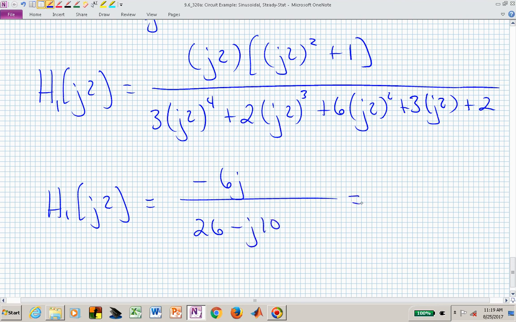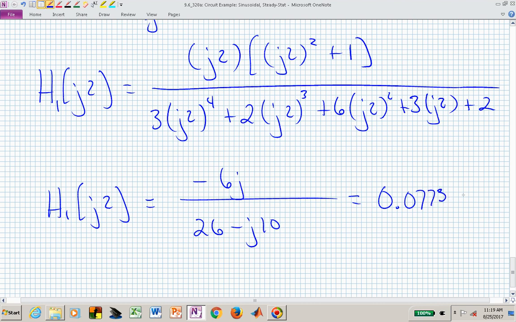You can now multiply both numerator and denominator by the conjugate of the denominator, 26 plus j10, to rationalize the denominator. That will now become a real number, and you can divide that into minus 6j that's been scaled by 26 plus j10.